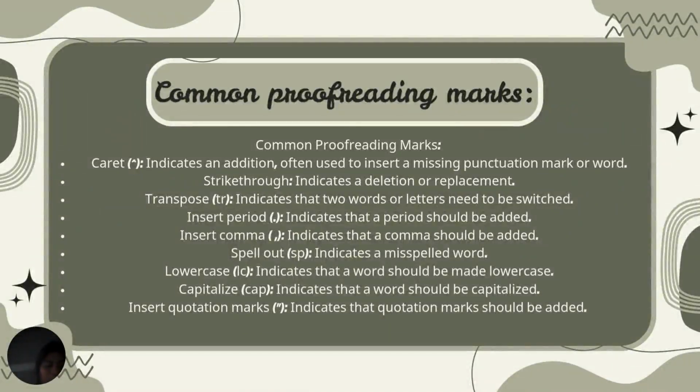A caret looking like an upside down V shows where something needs to be added, like a missing comma or word. Think of it as pointing up to where the insertion goes. For example, we went to the store. The caret indicates that "to" needs to be inserted.